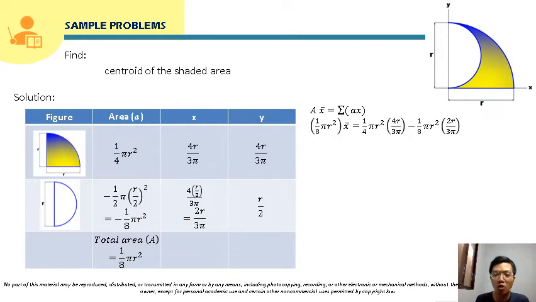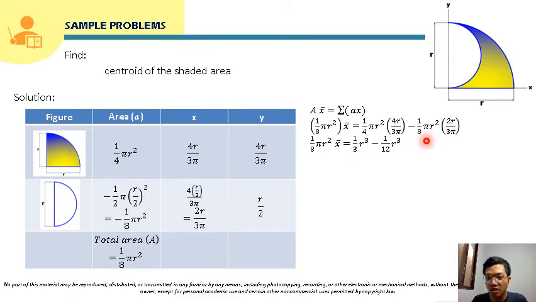Solving for x bar, we will simplify this first. Here, we can cancel pi, and the 4 will also be canceled. What will remain here is 1/3, pi will be canceled also, so 1/3 r cubed, since r squared times r is r cubed.